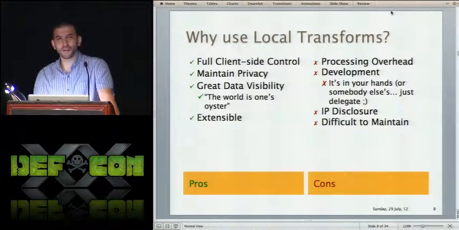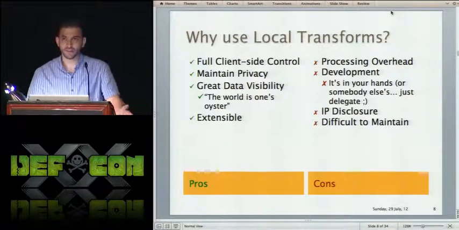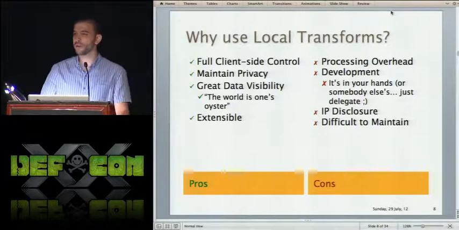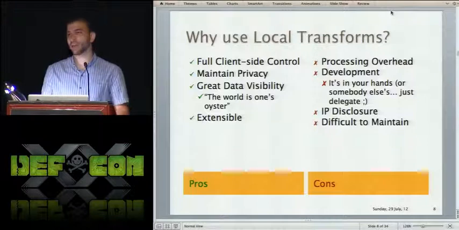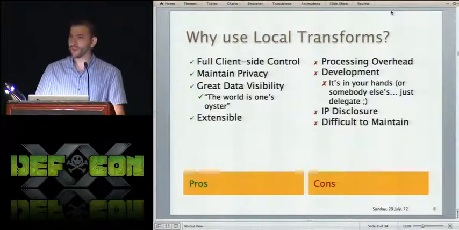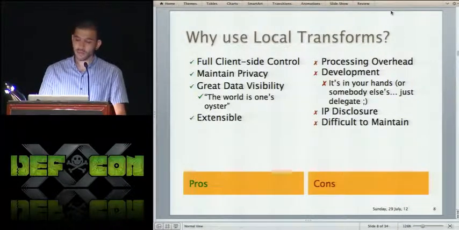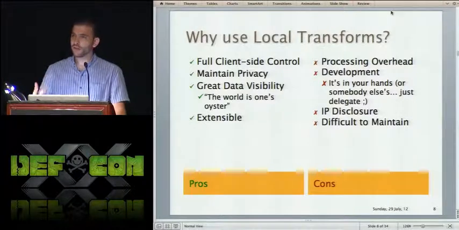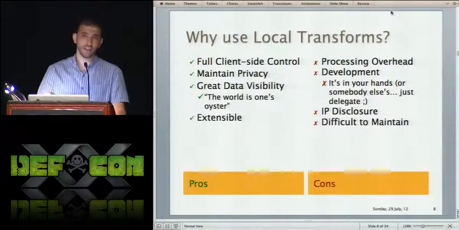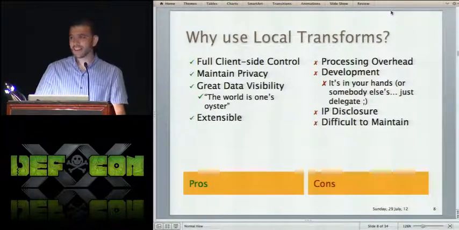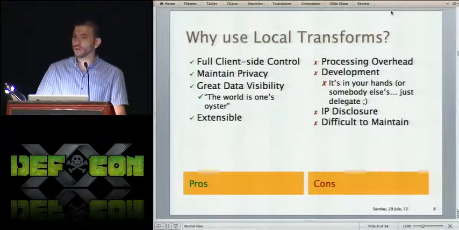So why use local transforms instead of the remote transforms? If you guys are familiar with Maltego and you're familiar with Paterva down in South Africa, they have an awesome set of transforms. They've done really good work out there. But the problem is their transforms are only able to see the data that's publicly available to them, which is the data that's available on the internet. And that's not a lot when you're doing a local assessment, when you're doing something internal.